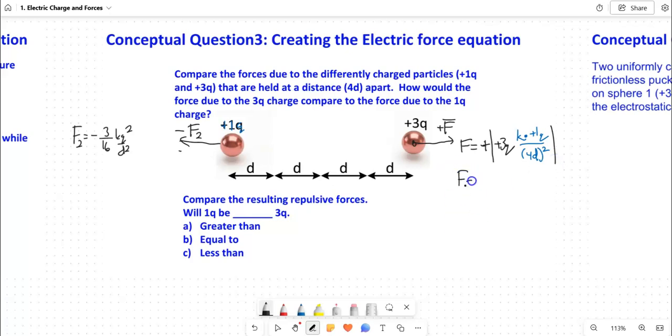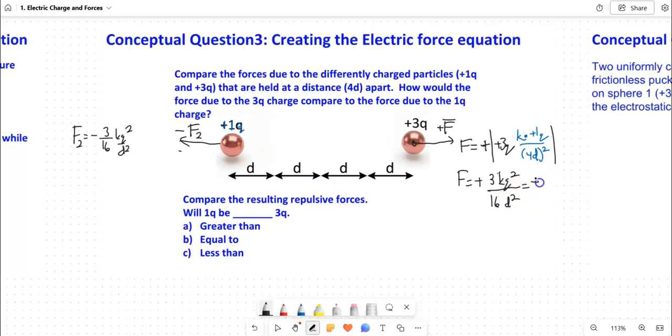Solving this, we have a positive out in front. This is going to be k times positive 3q times positive 1q. That's going to be positive 3kq squared all over 4d squared, which is 16d squared.